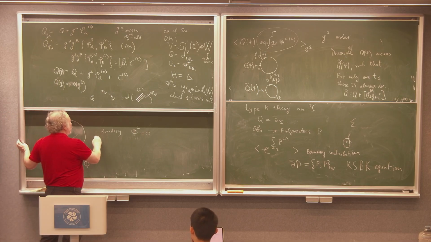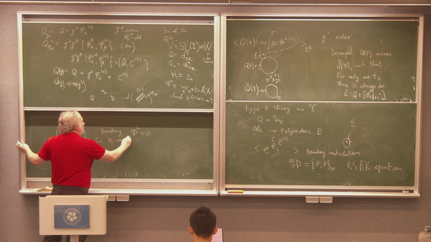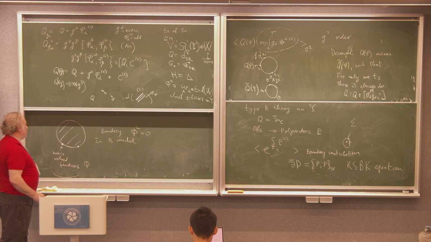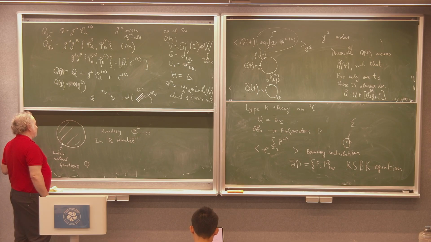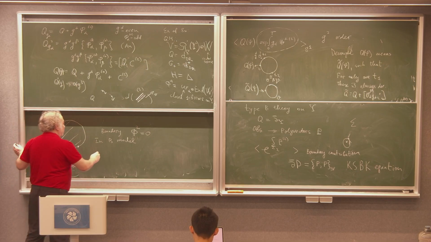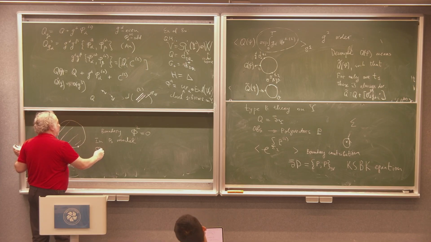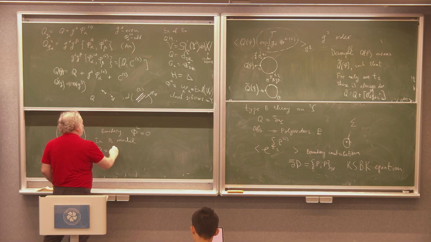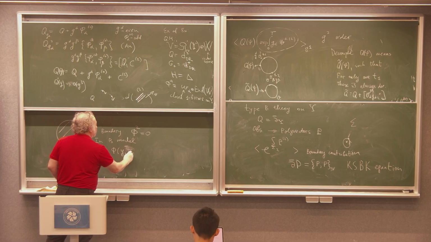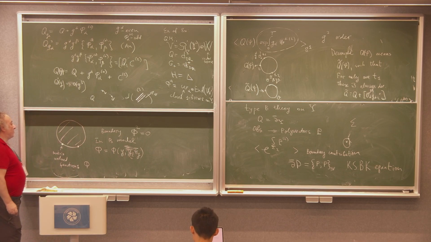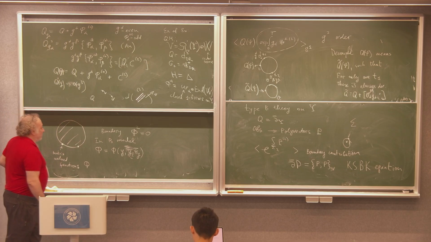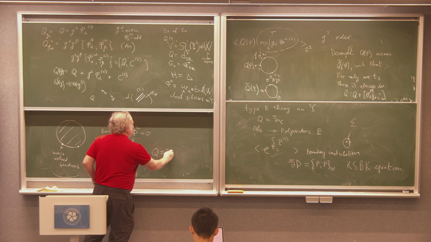However, in the model I would say that phi is actually phi of y, phi y bar. And that is Q, that is delta.